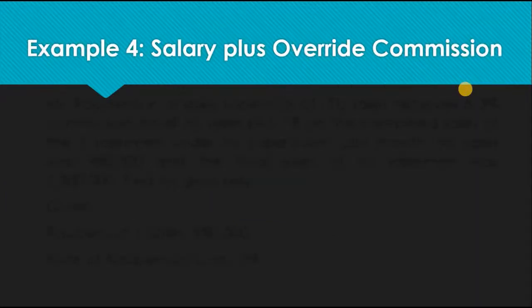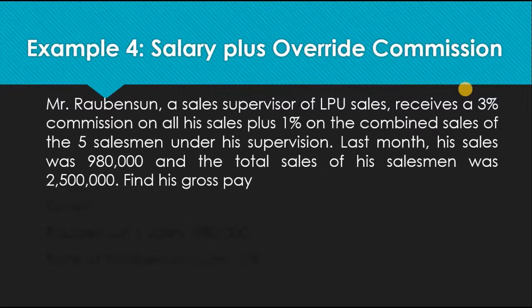Example number 4. Salary plus override commission. Mr. Robinson, a sales supervisor of LP Sales, receives a 3% commission on his own sales plus 1% on the combined sales of the 5 salesmen under his supervision.